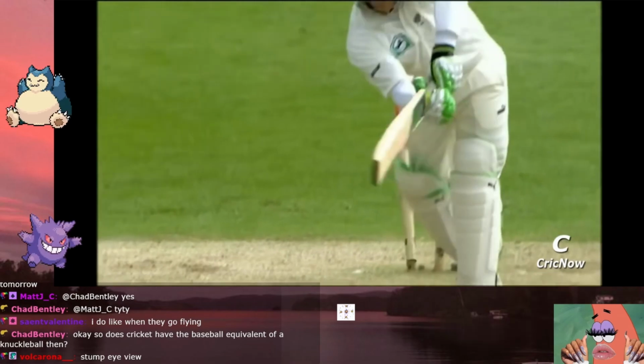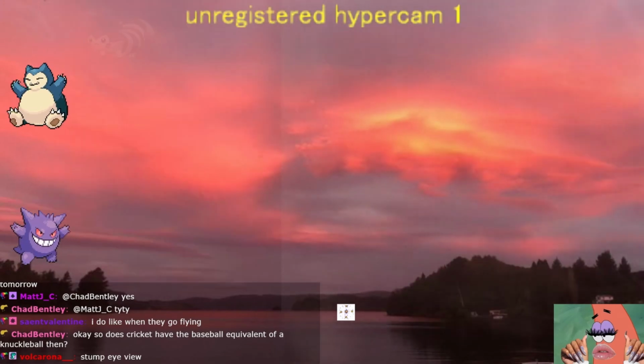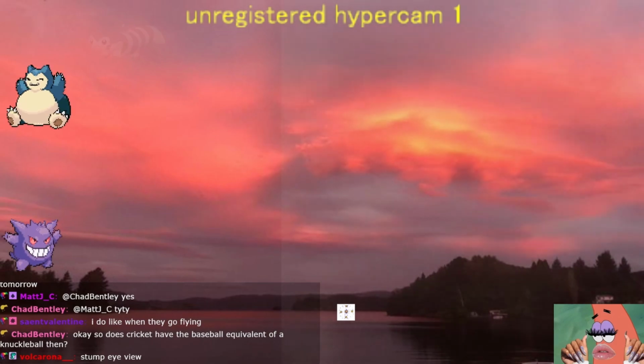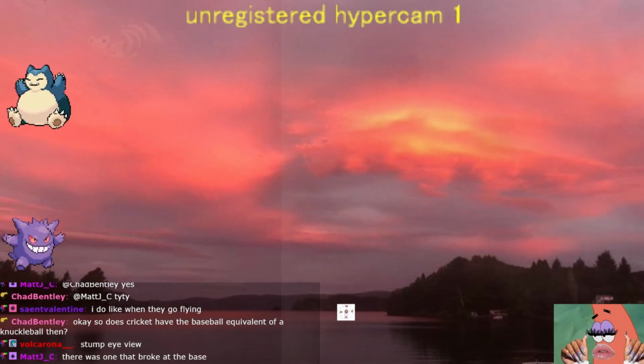The baseball equivalent of a knuckleball. We went over a lot of this earlier. I don't actually know what a knuckleball is, compared to like a fastball.